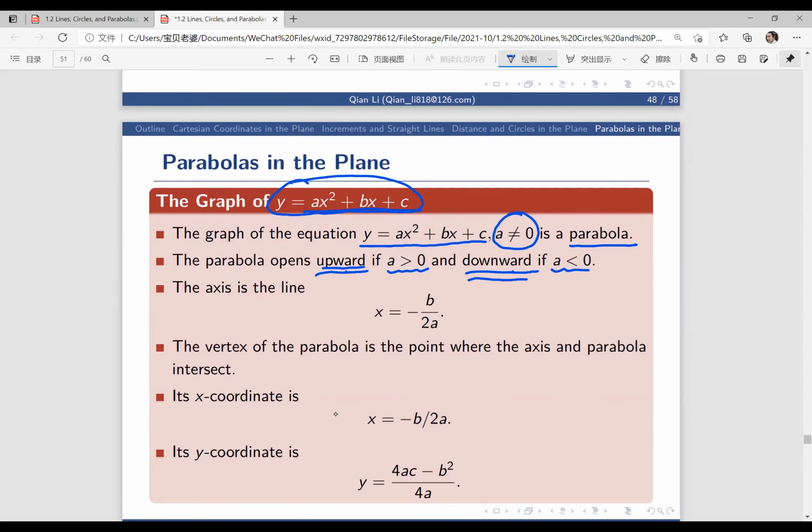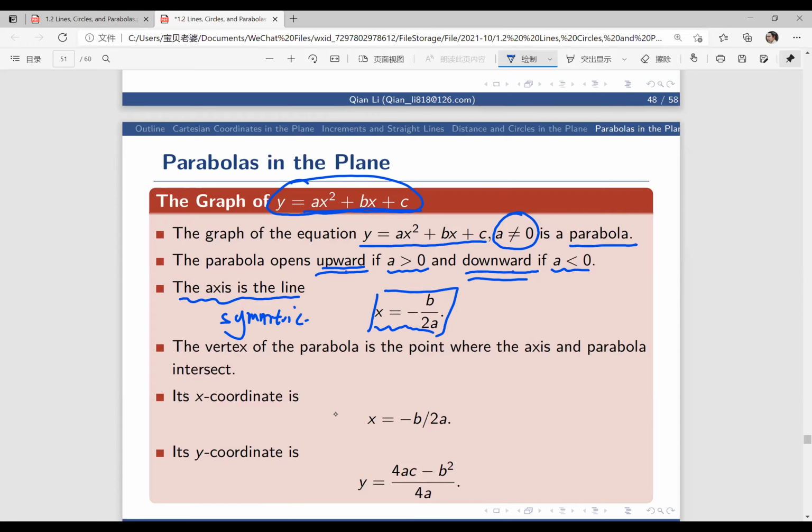And then let's see the axis of this line, meaning the line about which this parabola is symmetric, and this axis is x is equal to negative b over 2a. Okay, you must remember this.